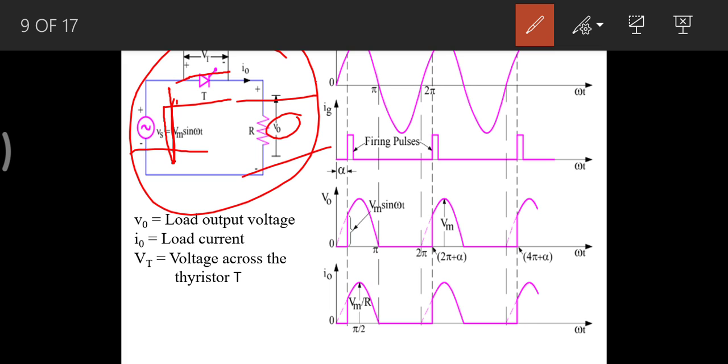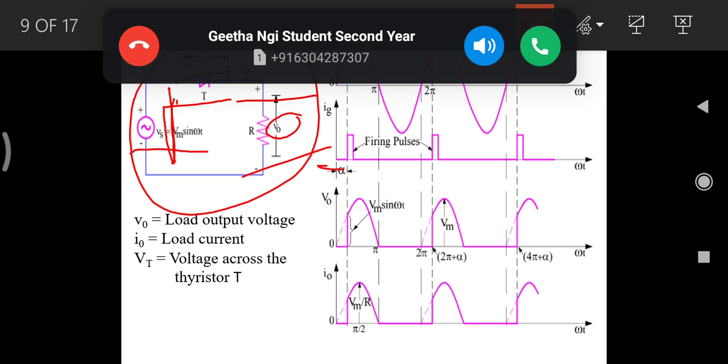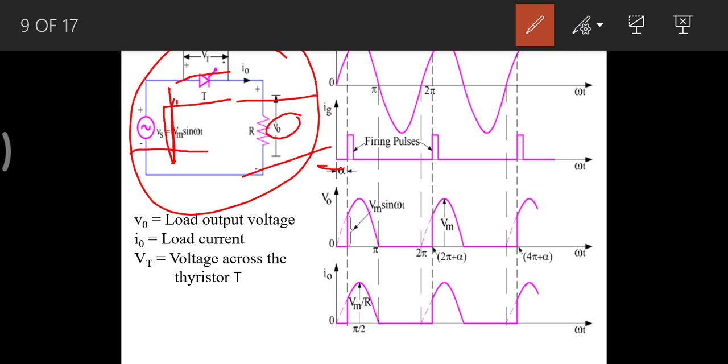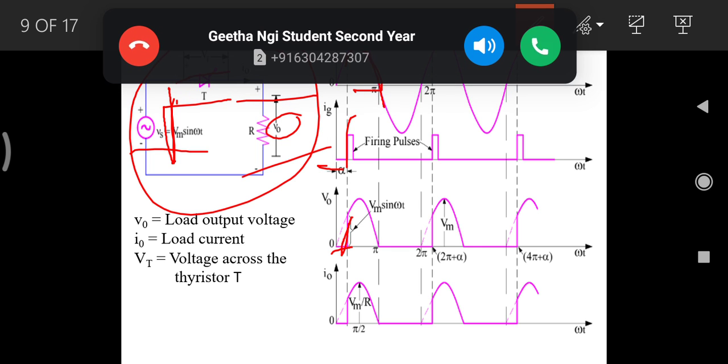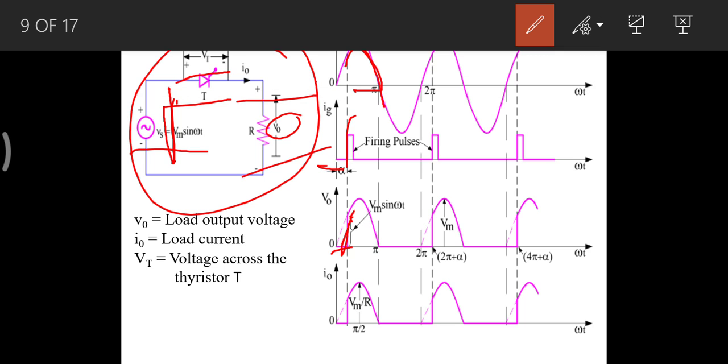Up to the firing angle applied to the circuit, the output voltage is 0. Okay? So when the firing angle is reached or the triggering pulse is applied, at that situation the SCR starts conduction. At that situation, the input voltage applied to the circuit is the same voltage that appears in the output waveform also. Okay?